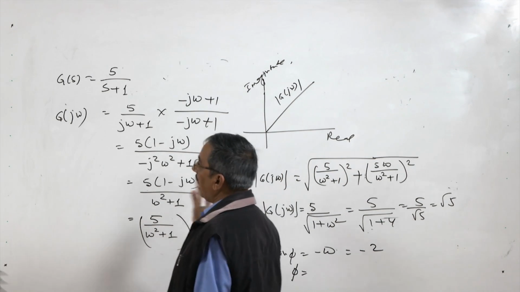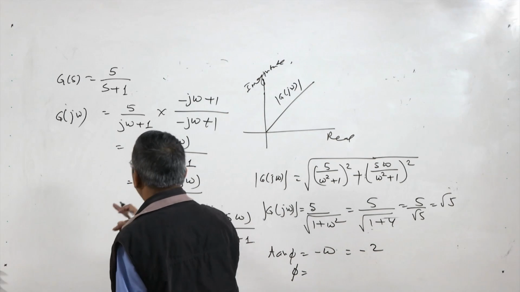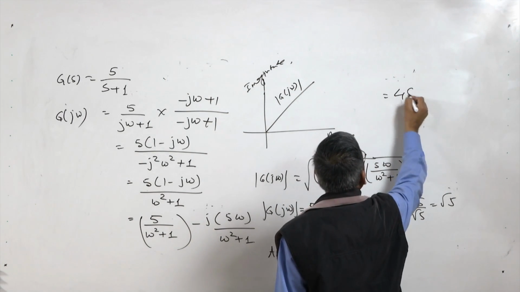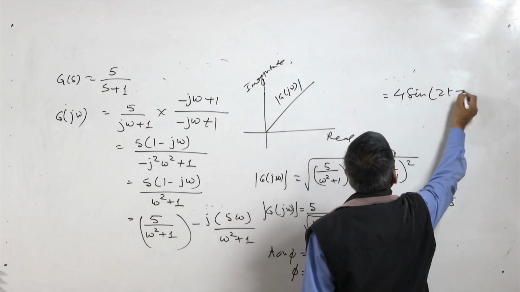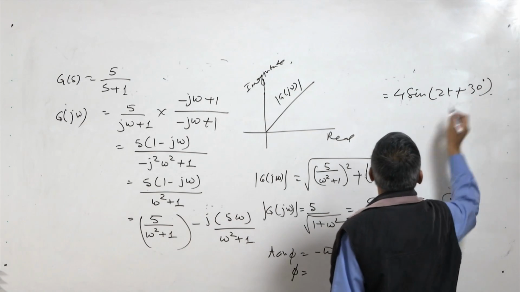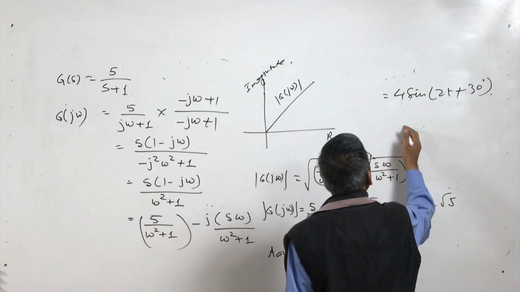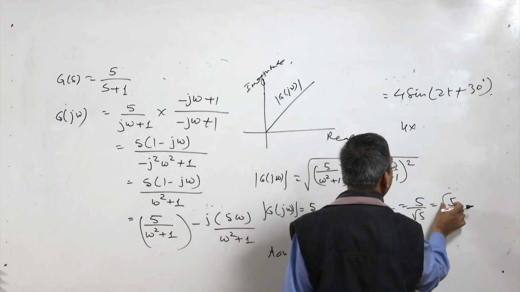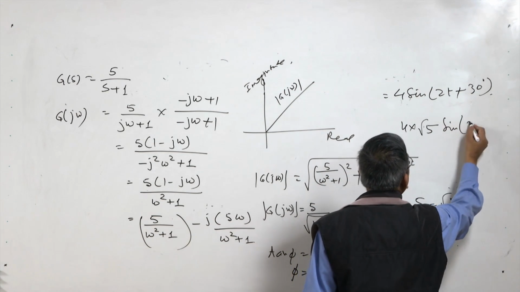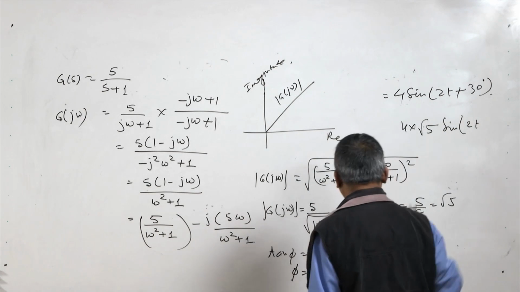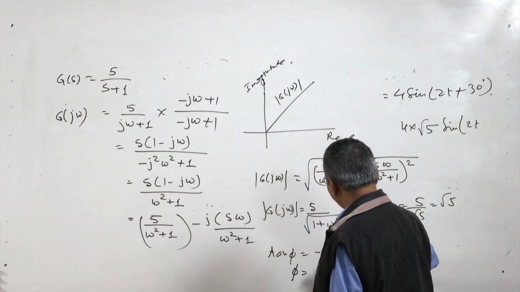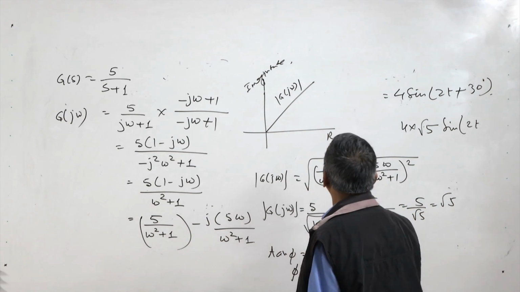So, the output basically, we have the input as 4 sine(2t plus 30 degrees). So, the output will be 4 times this magnitude, root 5, and then sine 2t, and here we have to actually find out the angle with respect to the reference axis.